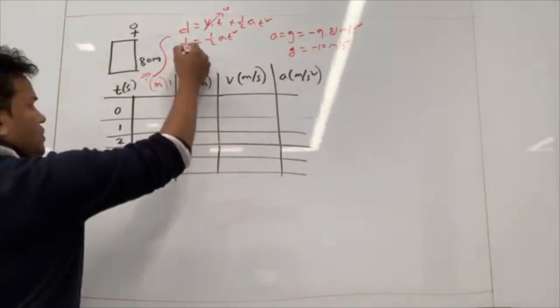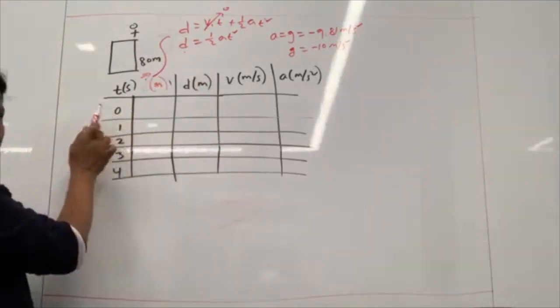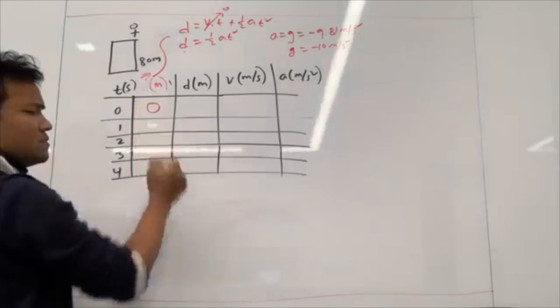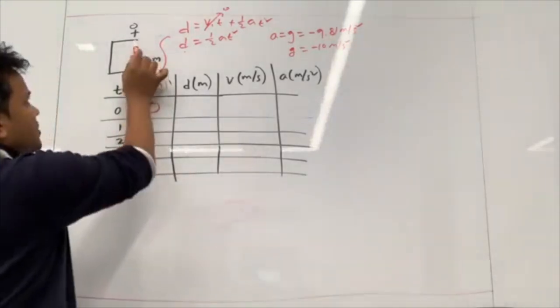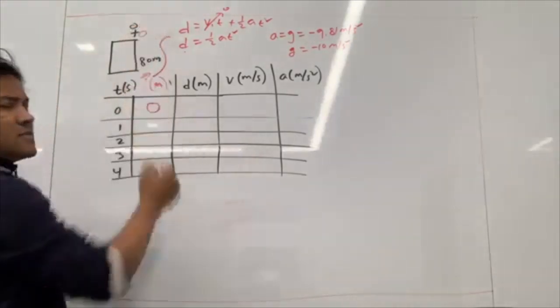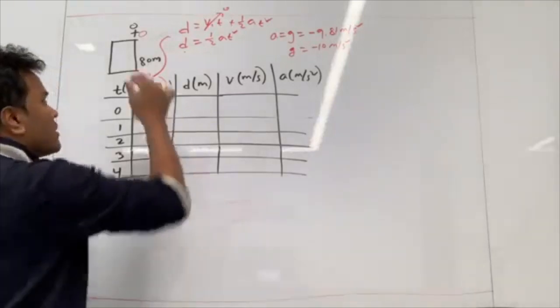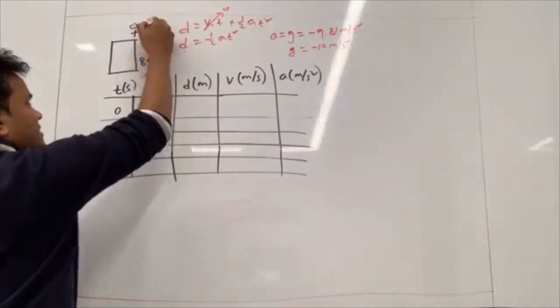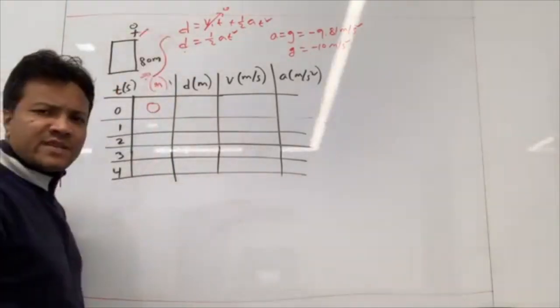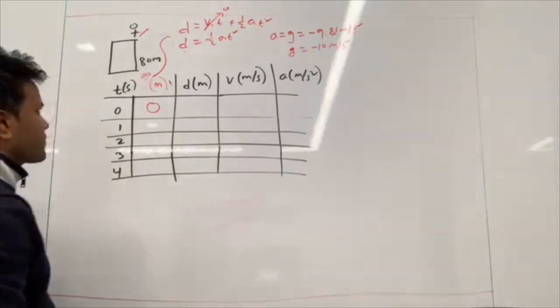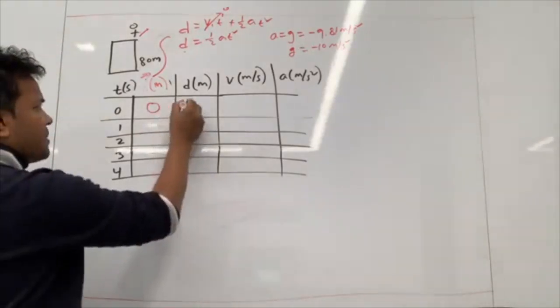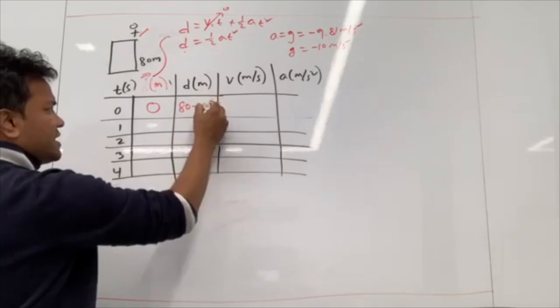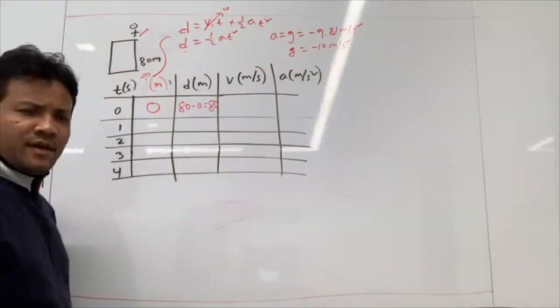So at 0 seconds, of course it is 0. The marker is still on your hand at 0 seconds. Makes sense. Okay.